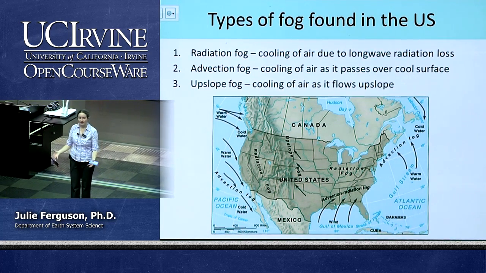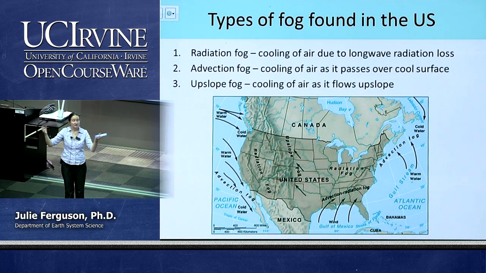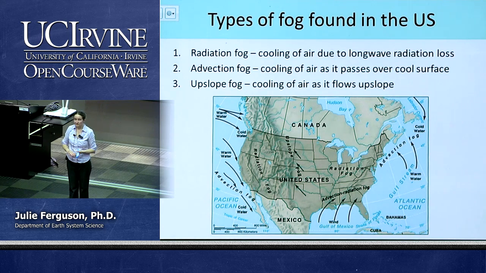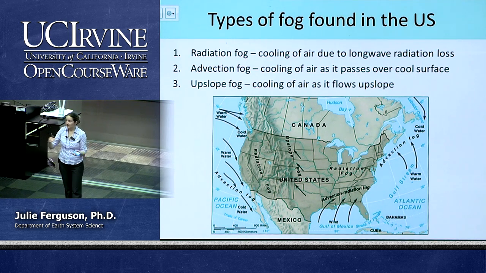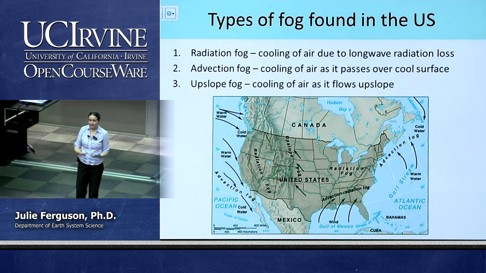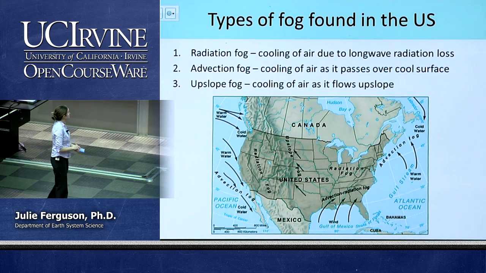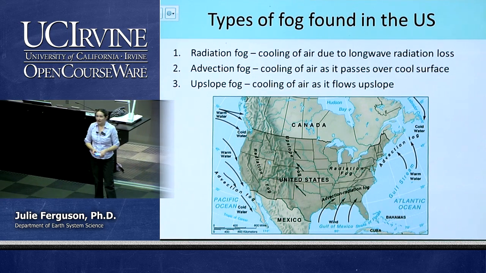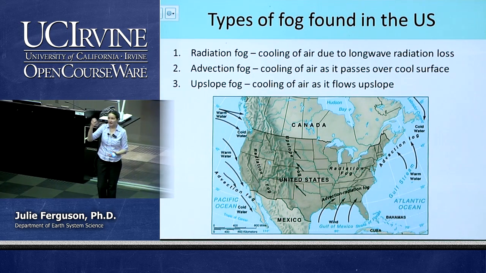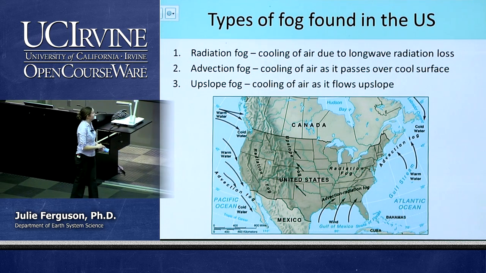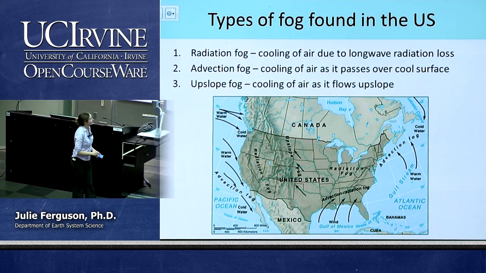So as it gives out that radiation overnight, the Earth cools down, the air above it cools down. And so eventually we hit saturation, and if that happens at ground level, we get condensation and fog. So that's radiation fog, and that's what happens in the Central Valley. Overnight, we lose that energy from the surface, and it's nice and still. And so we get that radiation fog.